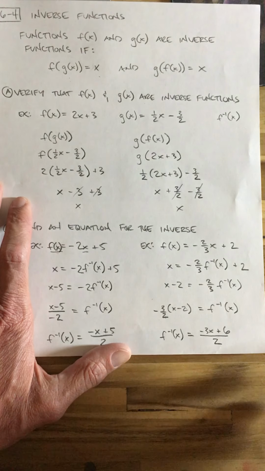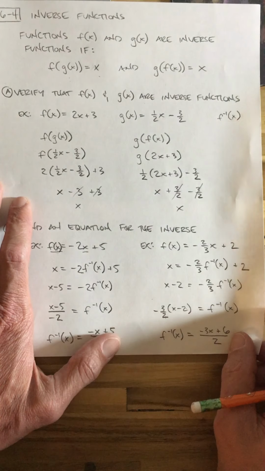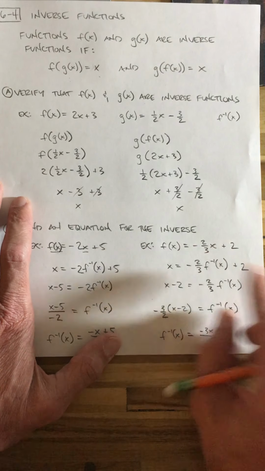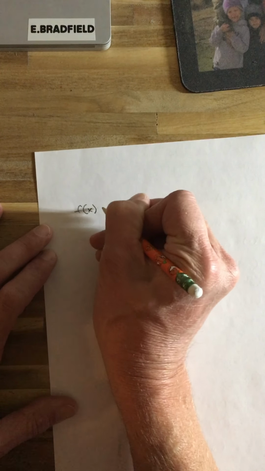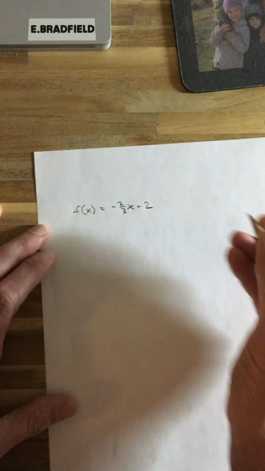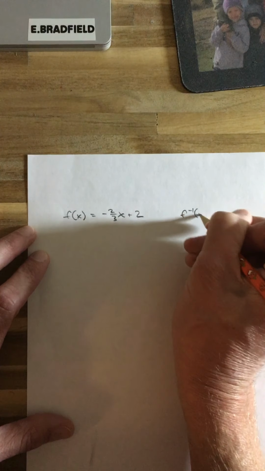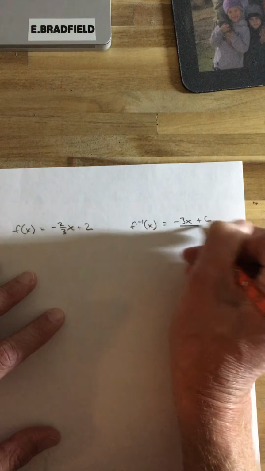And just out of curiosity, let's see if they are inverses of each other, okay? So f of x is -2/3 x plus 2, and f inverse of x is, what did I say? -3x plus 6 over 2.